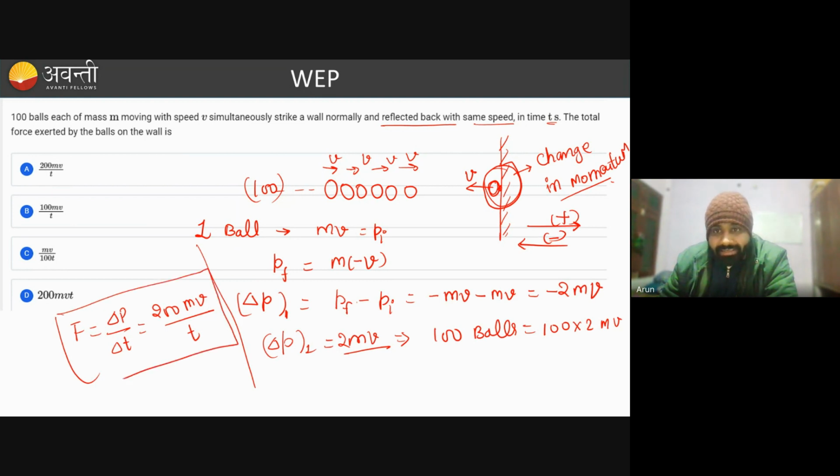If you take the sign, it is minus, because we are calculating the change in momentum of the ball, and the wall is exerting force on the ball in the opposite direction. Got it? So it will become 200 mv by t. Option A is the correct option.